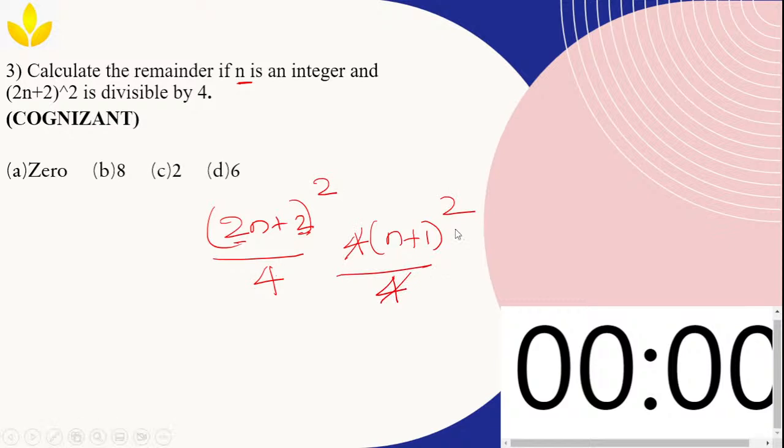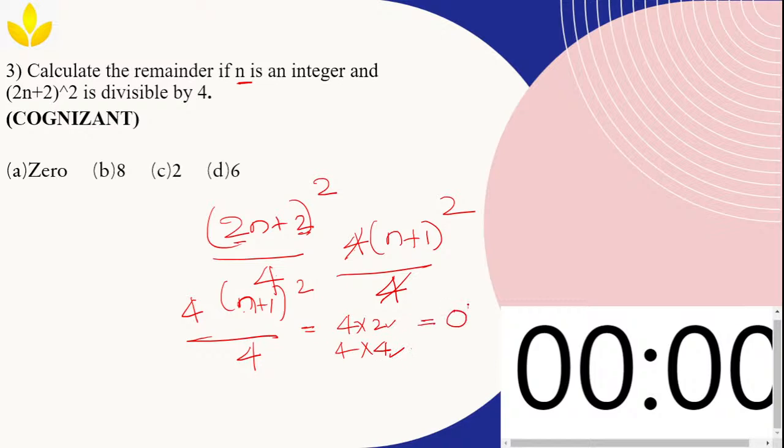Now if I substitute any value of n, what I'll get is a multiple of 4 only, correct? And any multiple of 4 means obviously the remainder will be 0. So the answer is option A.